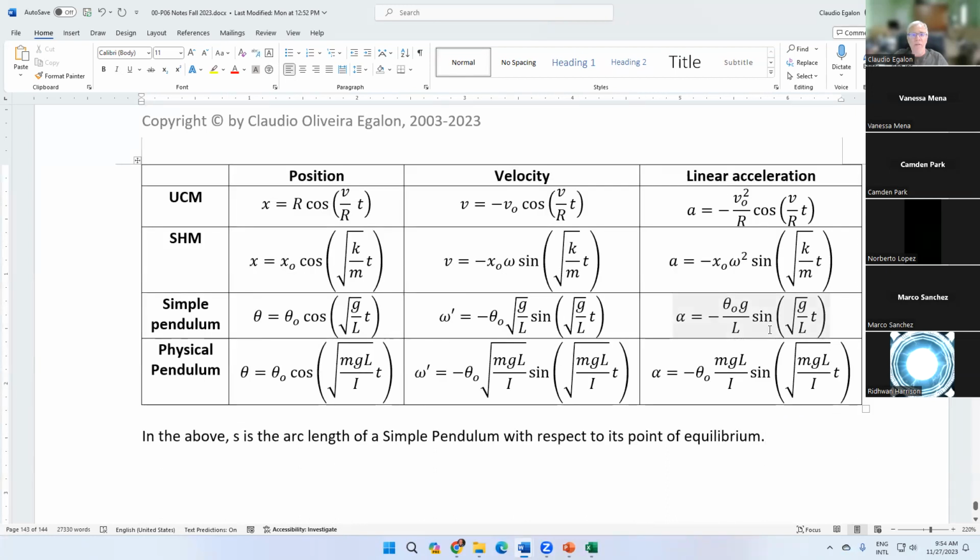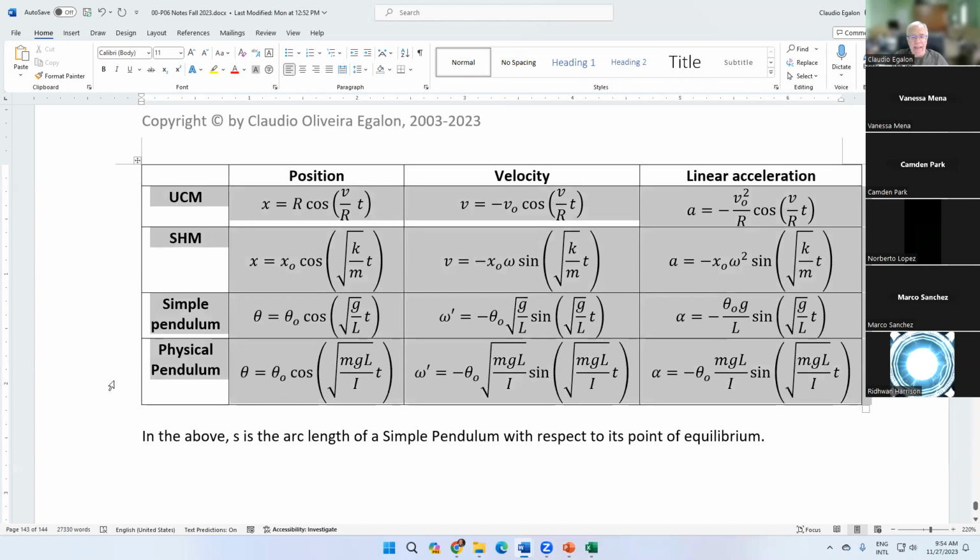So four different types of problem that are related to each other. The physical situations are distinct, but mathematically speaking, they are almost the same.